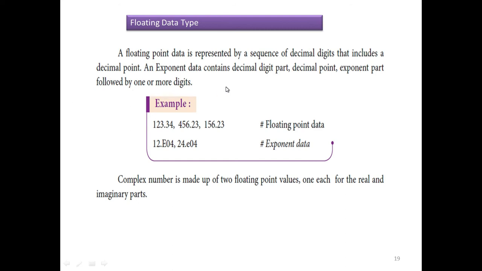In our example, if we specify 12.E04, the 12 is the decimal part, the decimal point is a dot, and the exponent is E04. Normally fractional numbers are represented as floating data type.